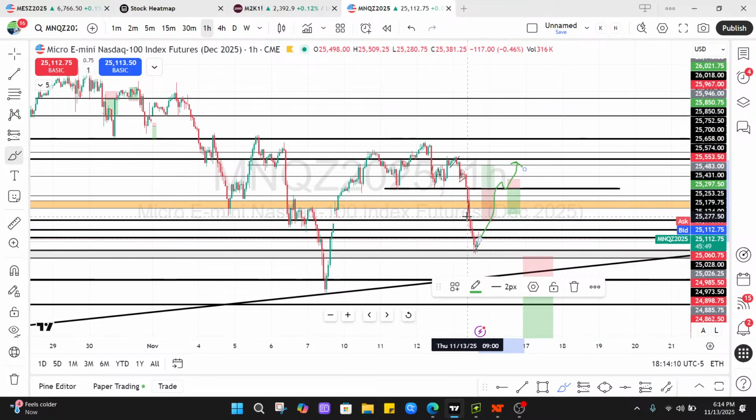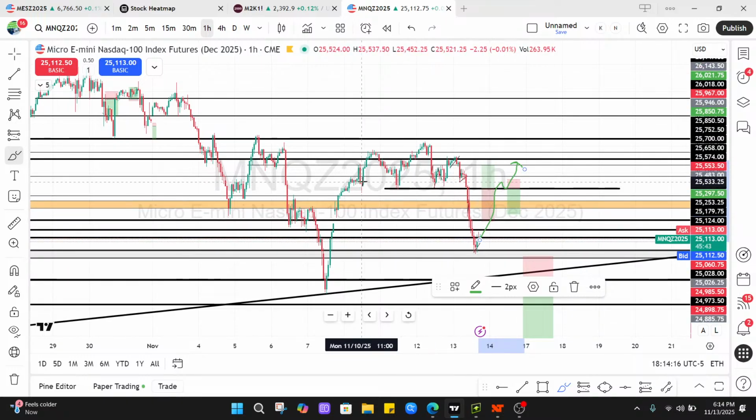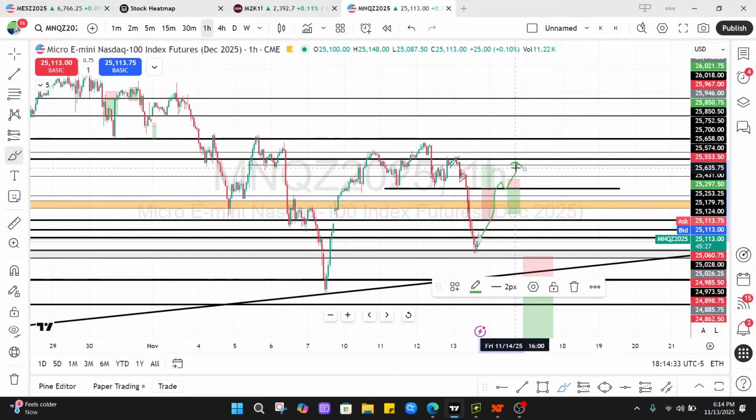The only way I can change that thesis is if we break above this Monday, Tuesday, and Wednesday lows. So until then, either you're going to show me some downside, or you're going to give me a break and a retest to go back to the upside.